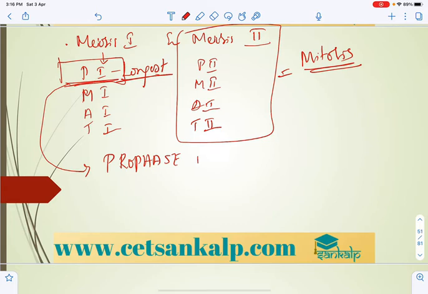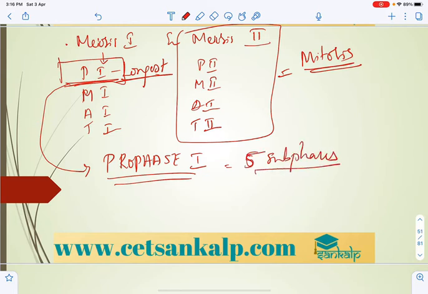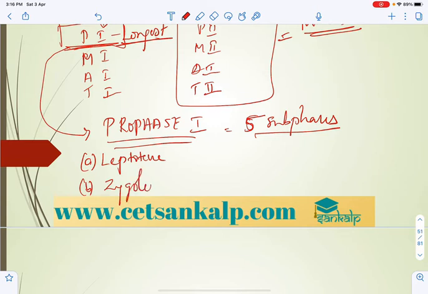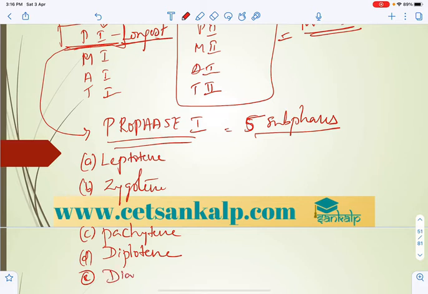If you arrange those five subphases in order, A is leptotene, B is zygotene, then pachytene, diplotene, and diakinesis.